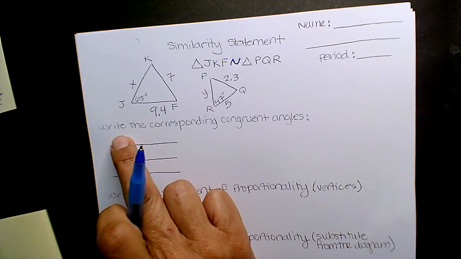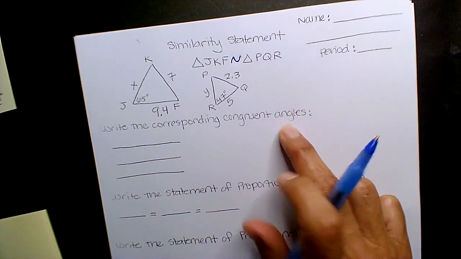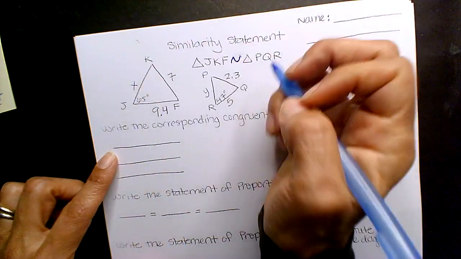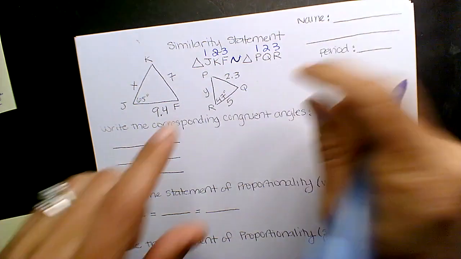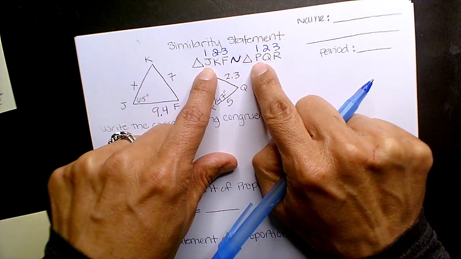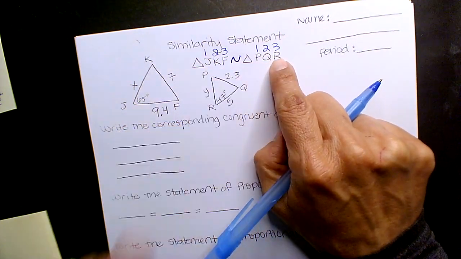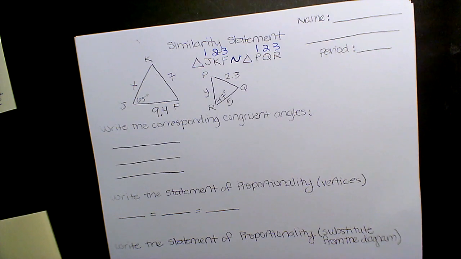They tell you to write the corresponding congruent angles. If I go 1, 2, 3, 1, 2, 3, J and P are the first, K and Q are the second, F and R are the third. That's the order.